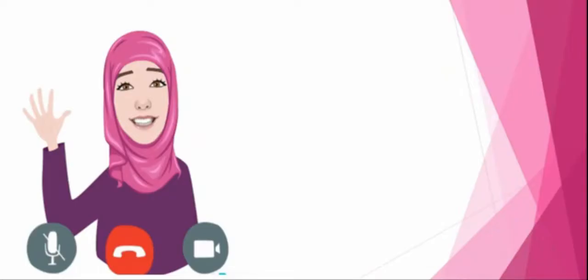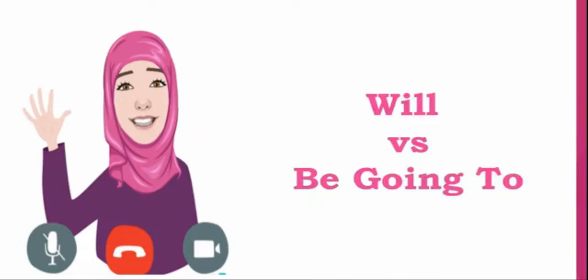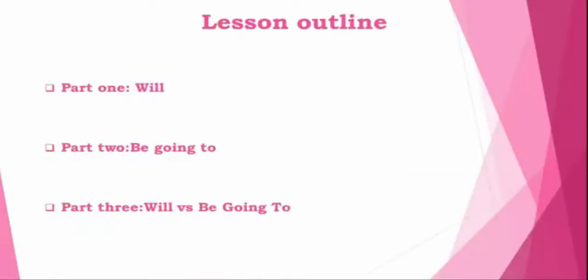In the previous videos, we were talking about simple future with will and simple future with be going to. Today, we are going to compare will and be going to. Our lesson will be divided into 3 main parts.